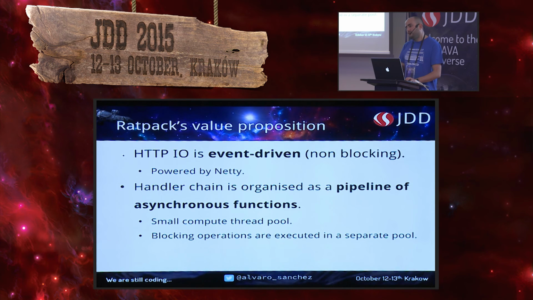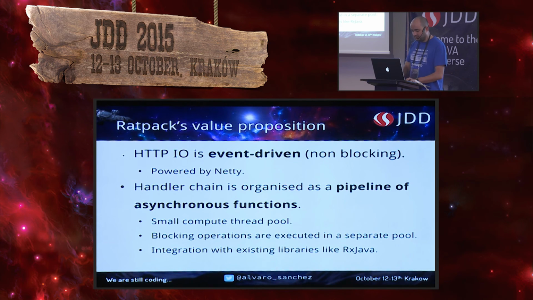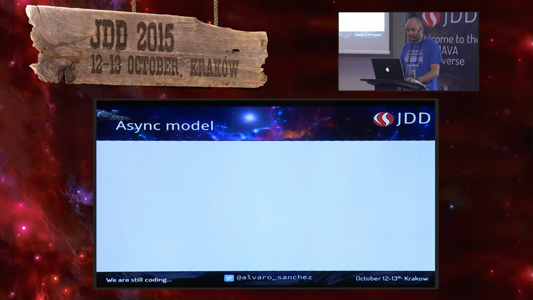And when you have to have a blocking operation, there is a separate thread pool for that. And you can use, even if you want, libraries like RxJava or something like that for the asynchronous execution.